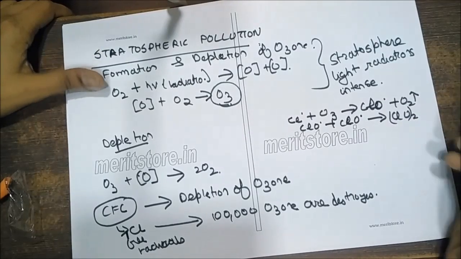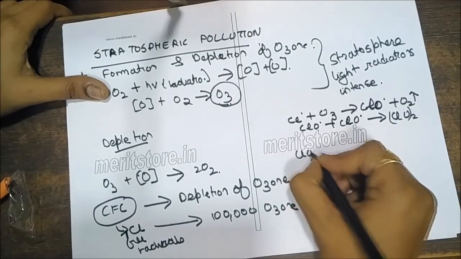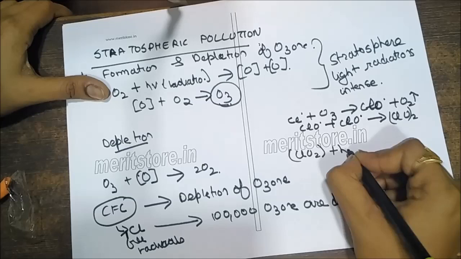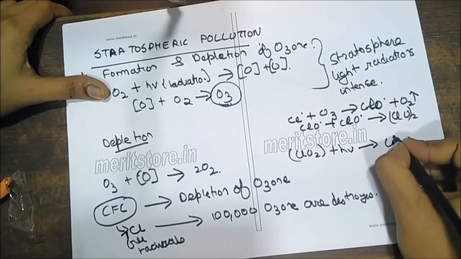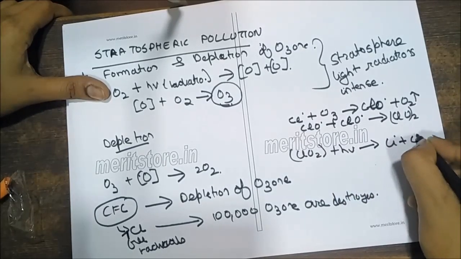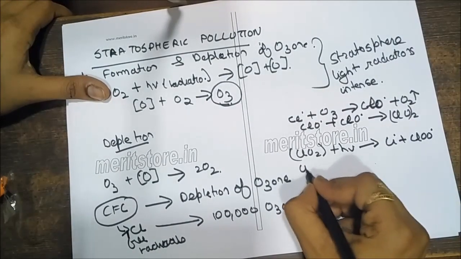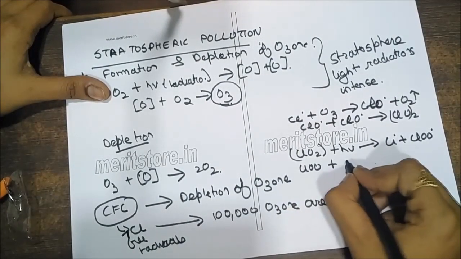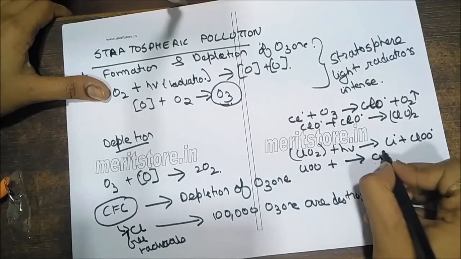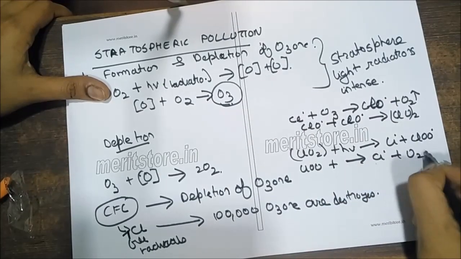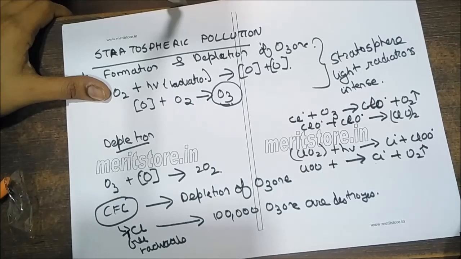Okay. ClO2, in the presence of intense radiations, is again forming a chlorine free radical and again a chlorine radical.